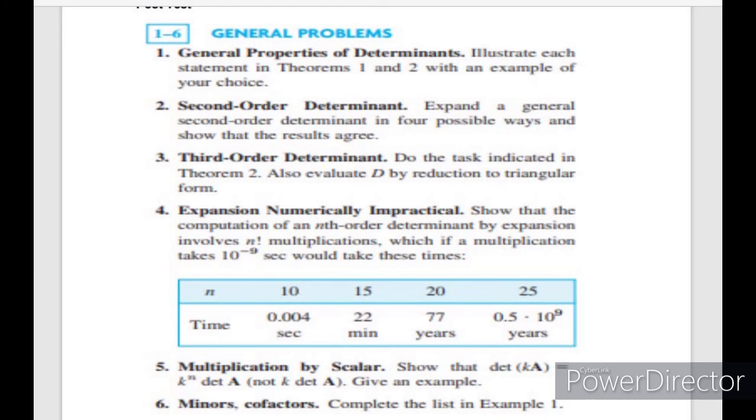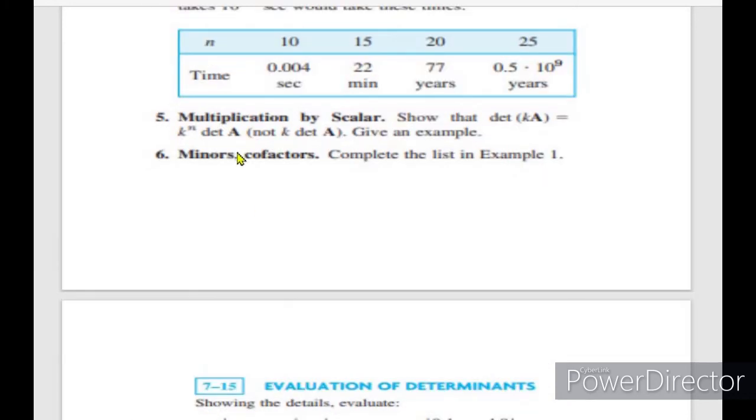Next is number 5, multiplication by scalar. When you say scalar, it is a constant value that describes the magnitude of a quantity like volume, mass, or temperature.